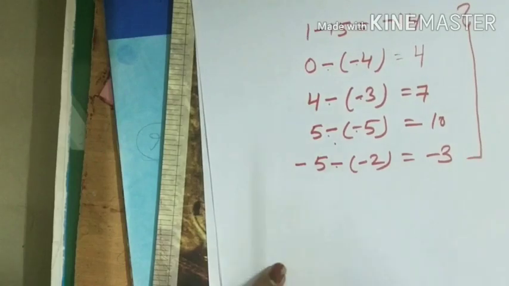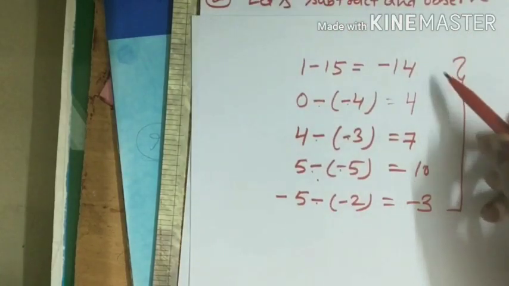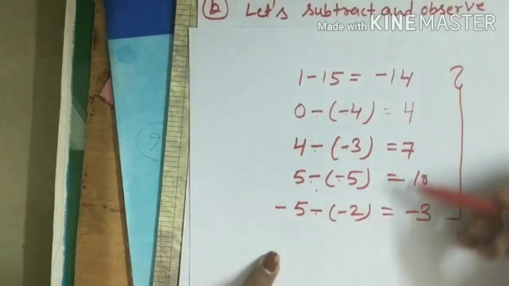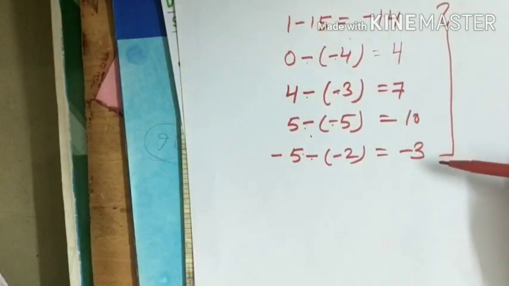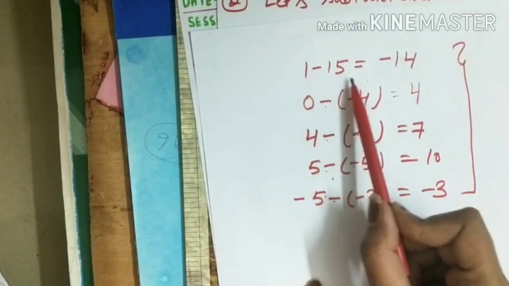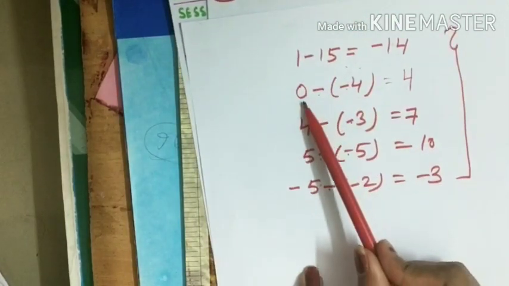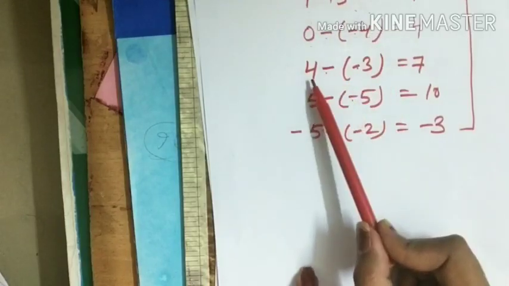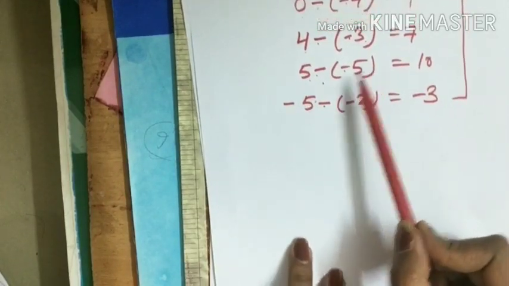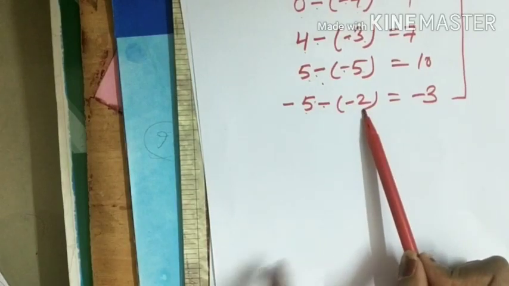Here you can see, children, I have written a lot of combinations. In each and every combination we are getting an integer only. Somewhere I have taken positive integers, 0, negative integers, and so on.